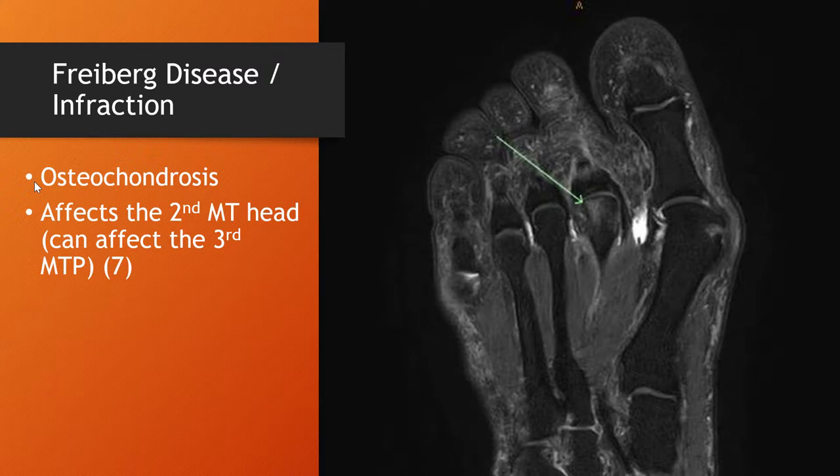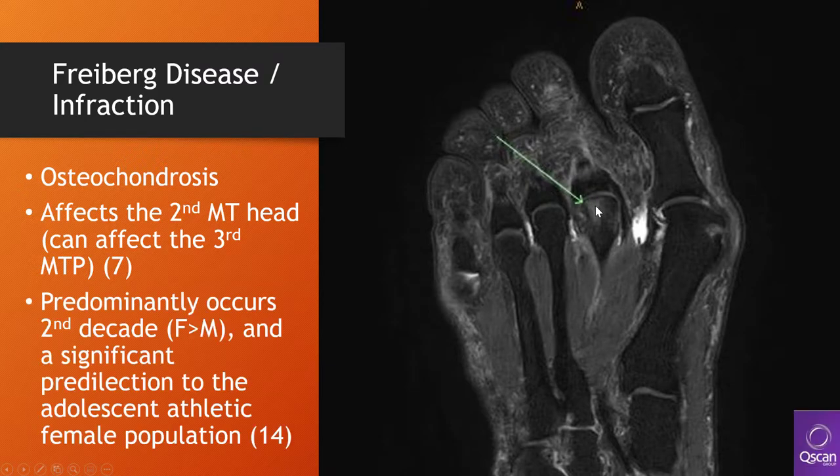It's a rare and progressive type of osteochondrosis. It affects the epiphysis of the second metatarsal head, and it predominantly occurs in our young adolescent athletic female population. The appearance early is the high signal or the stress reaction in the bone, so we see bone marrow edema here.